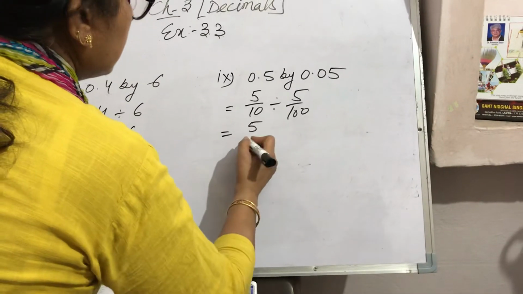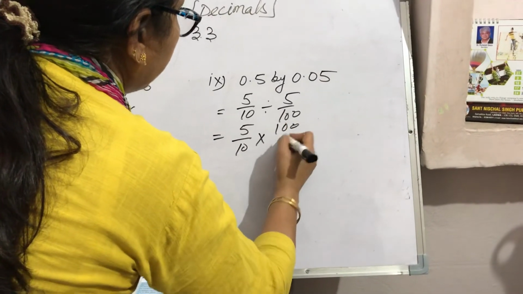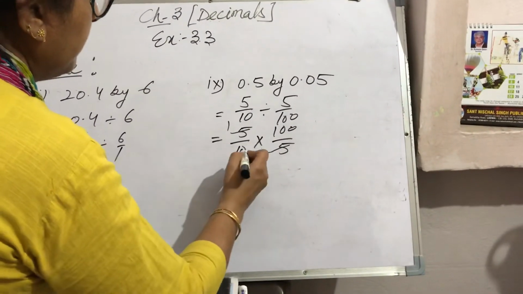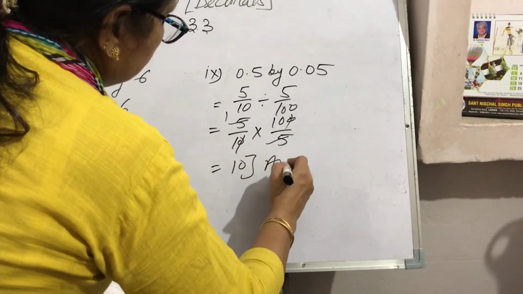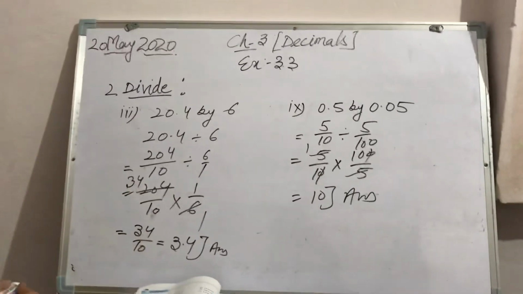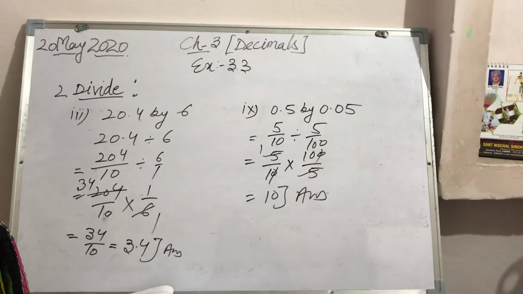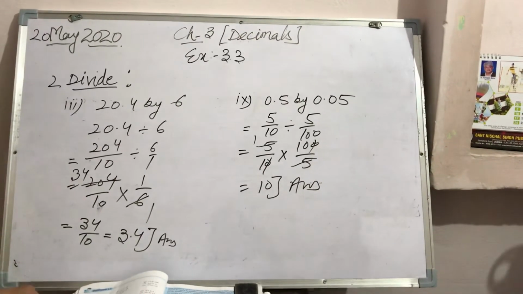Convert this division into multiplication: 100 upon 5. So 5 with 5, 0 with 0. So only 10 is the answer. So complete the rest of the parts of questions number 1 and 2 yourself. Now we are going to start the next question, the third question.